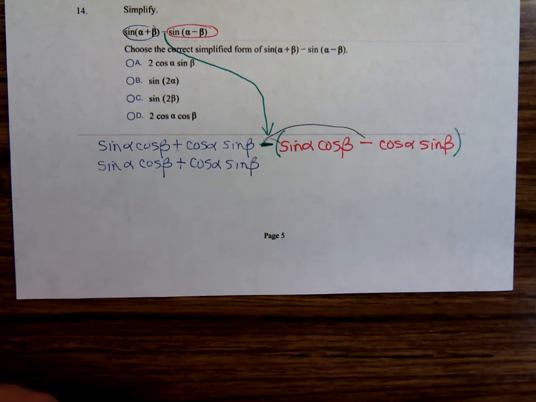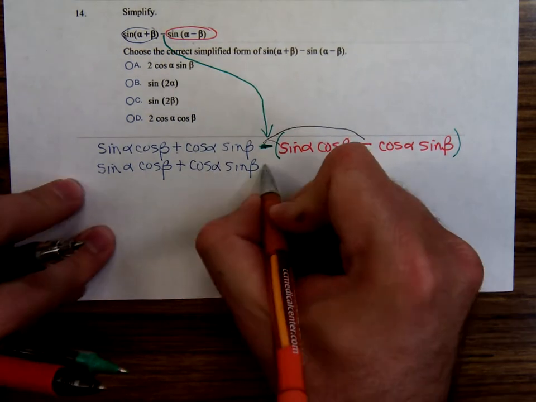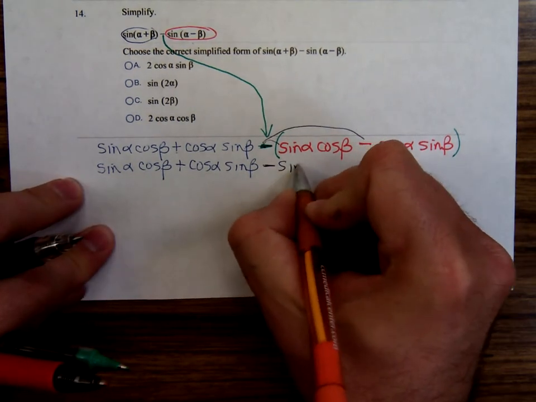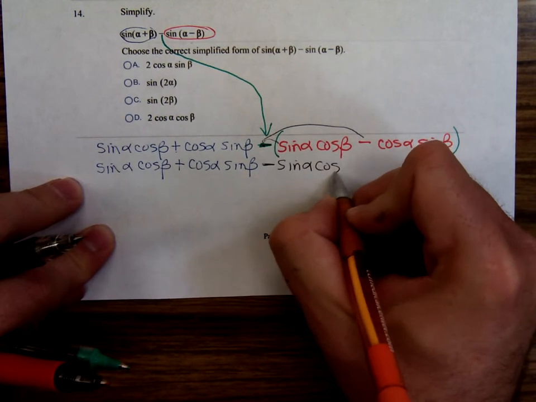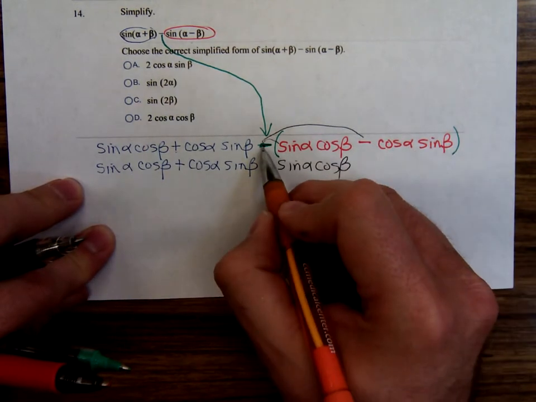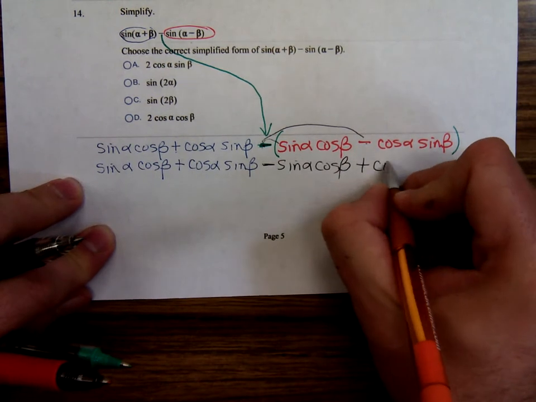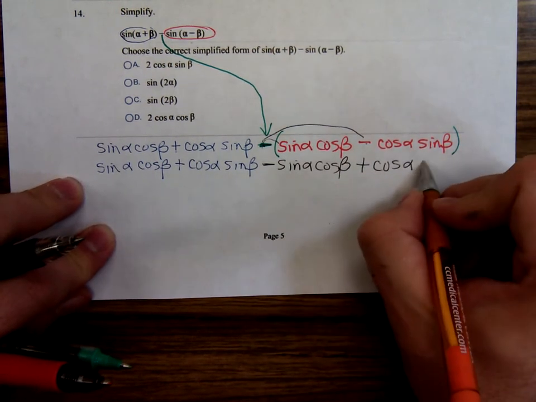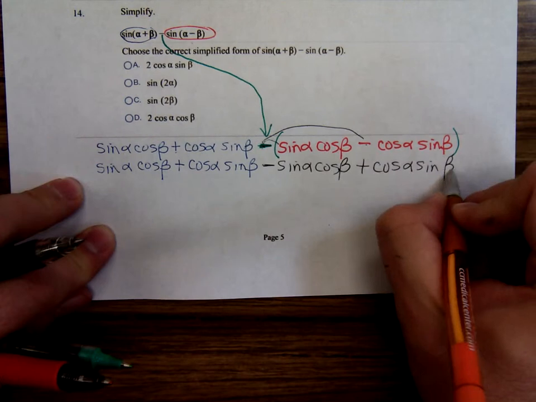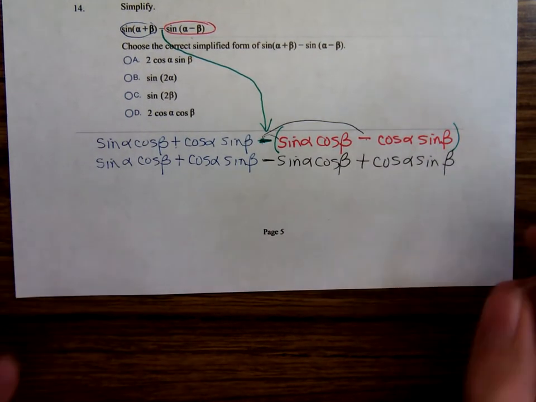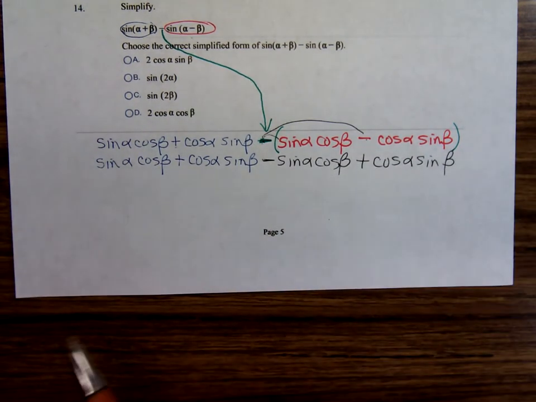Now distributing that minus, we would have a minus sine alpha cosine beta, and then negative, negative, that's going to be a plus cosine alpha sine beta.